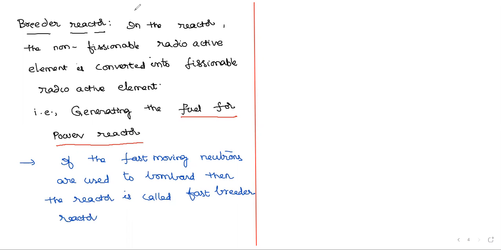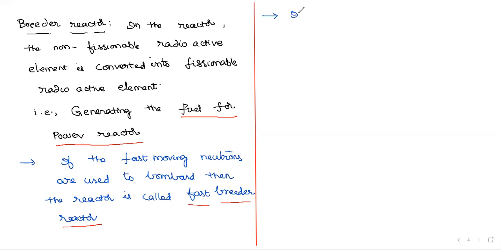Fast breeder reactor means there you are using fast neutrons, those with around 2 MeV energy. If you use such neutrons to bombard, not thermal neutrons, they are called fast breeder reactors. Suppose, sir, I use thermal neutrons in the reactor for transmutation, non-fissionable to fissionable, then, as the name says, it is called a thermal breeder reactor.